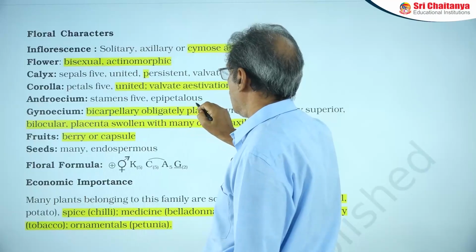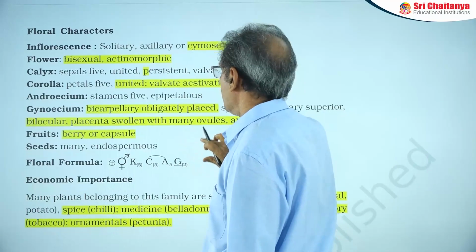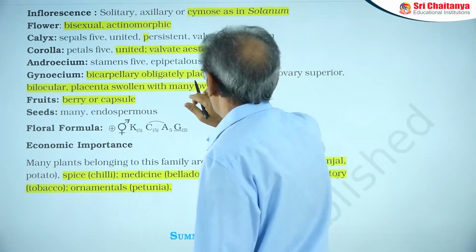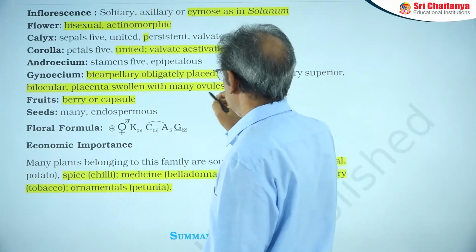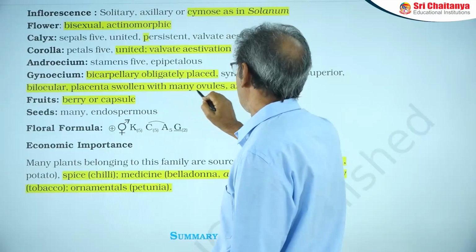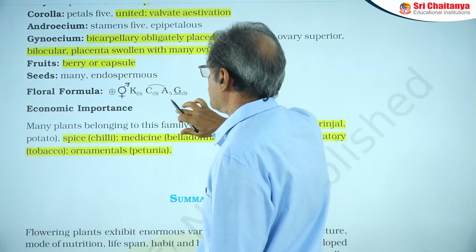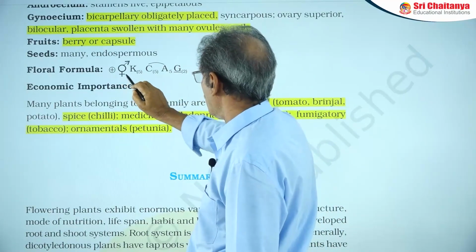Androecium 5, epipetalous, only adhesion but not cohesion. Gynoecium bicarpellary, syncarpous, superior ovary, axile placentation, but swollen axile placentation, an important feature of Solanaceae. Fruit is berry or capsule, seeds generally endospermic.